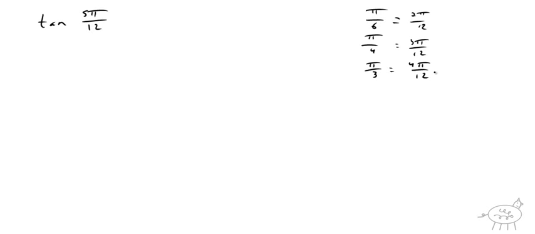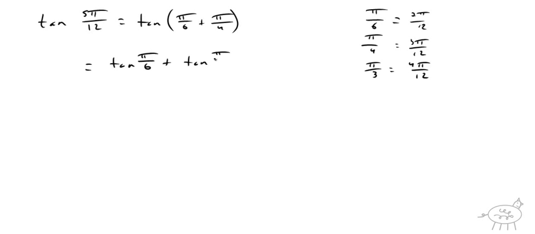So tangent of 5 pi over 12 is going to be tangent of pi over 6 plus pi over 4. Sweet. All right, so let's get our values here. We're going to do tangent of pi over 6, same sign, plus tangent of pi over 4, divided by 1 opposite sign, minus tangent of pi over 6 times tangent of pi over 4.